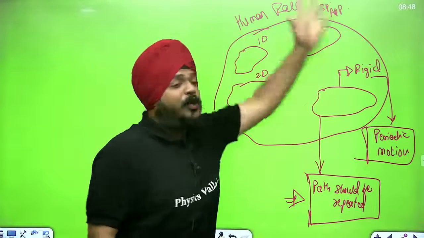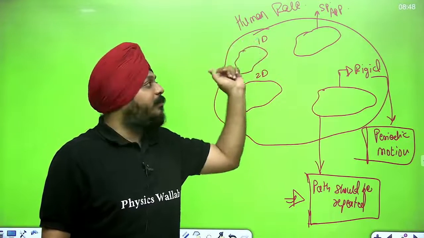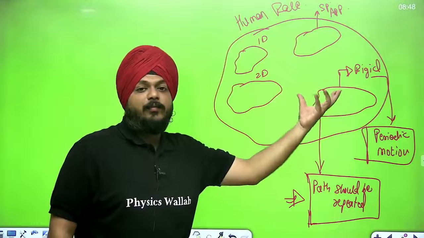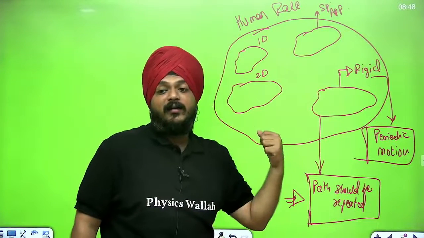So the entire human race has multiple civilizations, with their histories, their respective freedoms and characteristics. But why is the periodic motion civilization rigid? Because it has the classification that the path should be repeated.